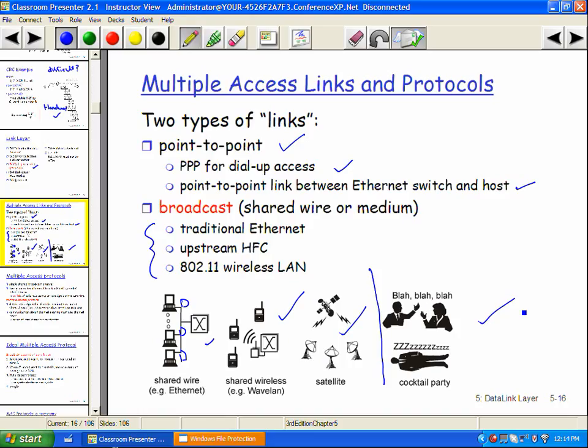That's the basic idea, and a very important topic in the link layer and networking in general is these protocols to manage communication when there's a single medium everybody has to use. Those are the multiple access protocols, also called the MAC protocols.